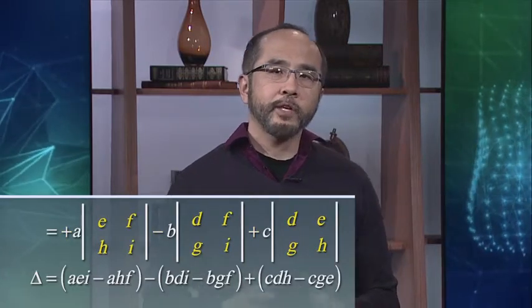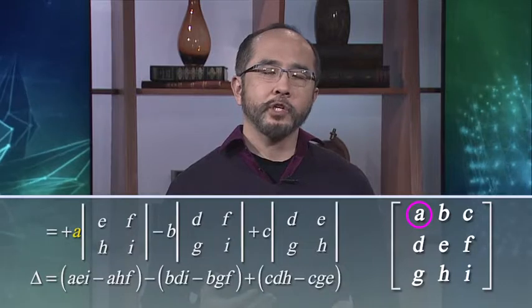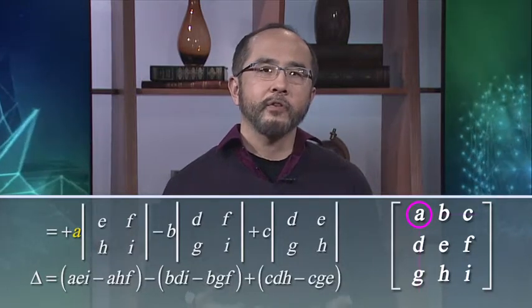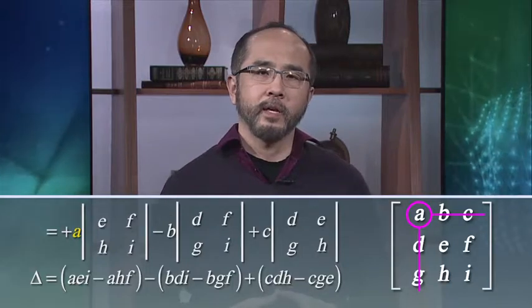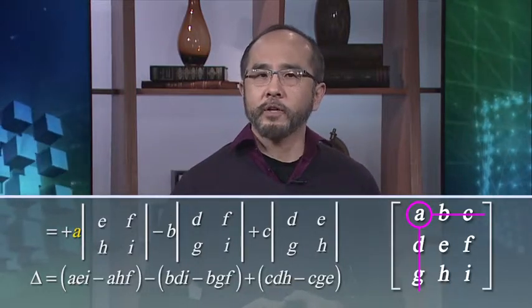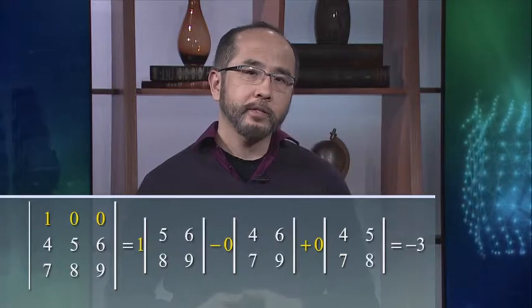And the 2 by 2 matrices come from taking the coefficient, looking at its position in the 3 by 3 matrix, then crossing out the row and column that it is in. If you try this with our earlier example, you'll get this computation. Note the terms alternate in sign. The coefficients 1, 0, 0 come from the first row of the matrix.